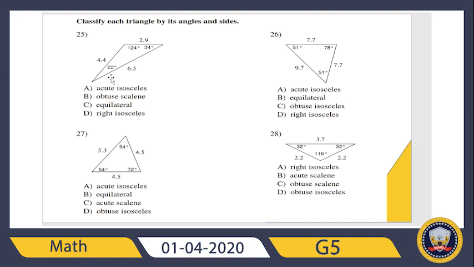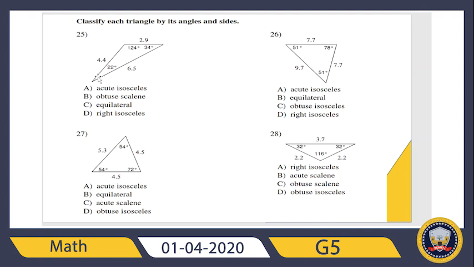Isosceles triangle is where two sides only are equal. What about the scalene triangle? Scalene triangle, no side is equal. That means there's no side in this triangle equal in length.